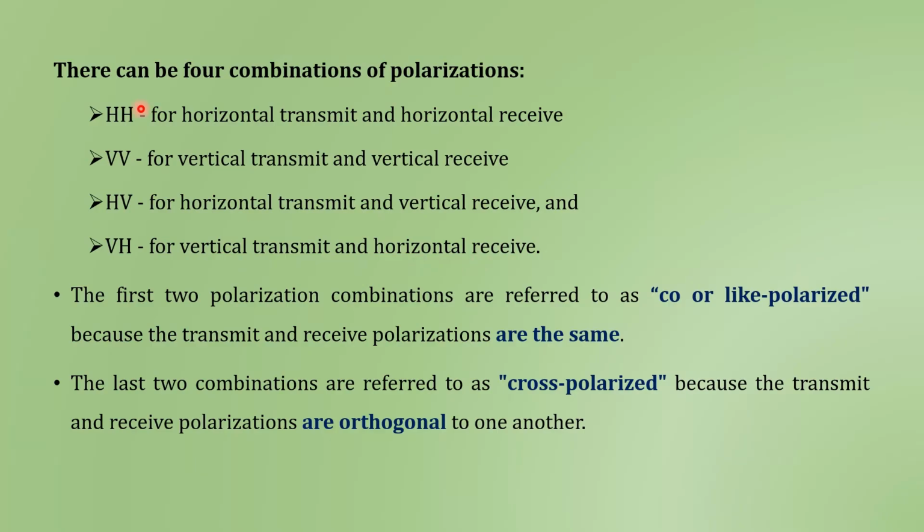The first two polarization combinations are referred to as co or like polarized because the transmit and receive polarizations are the same, while HV and VH are referred to as cross polarized because the transmit and receive polarizations are perpendicular to one another.